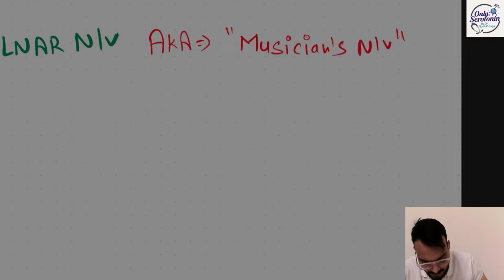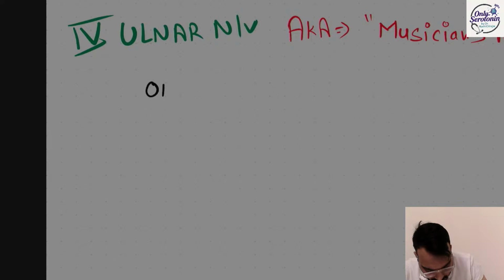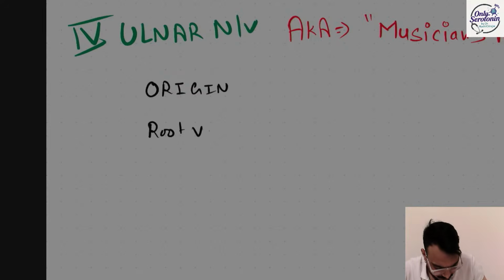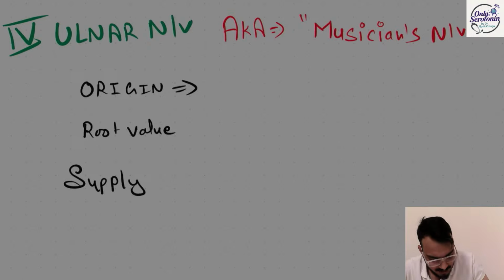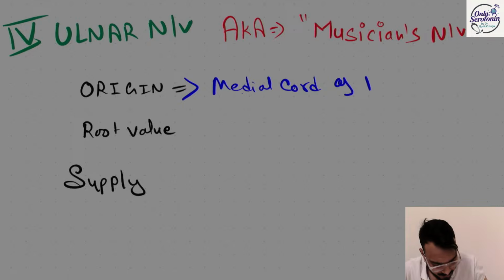Guys, so the ulnar nerve also has origin, then root value, and then supply. Origin is the medial cord of the brachial plexus, right?